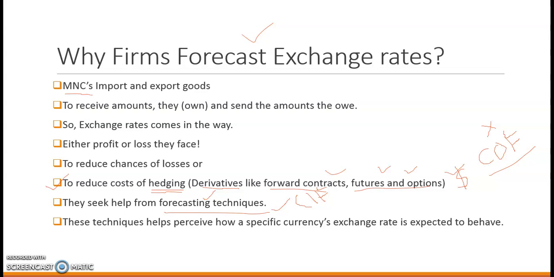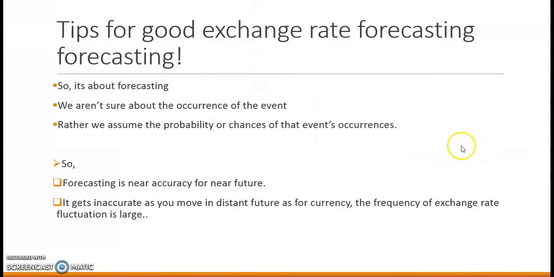So let's move on to the next slide and see what needs to be done to make a good decision about forecasting. Before moving to my actual slide, I would like you to learn that there are certain good tips given by me on exchange rate forecasting techniques.